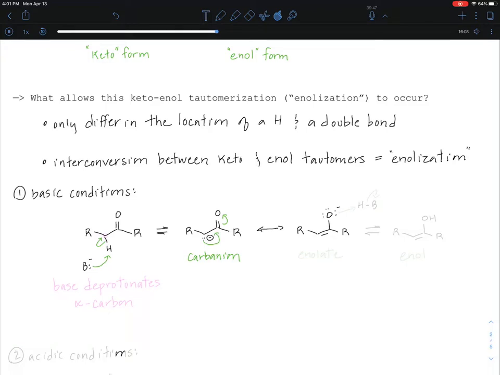This right here we call an enolate. Not quite an enol just yet, it's an enolate. We've got HB in solution, because we used that to deprotonate our alpha carbon. And so we can protonate this, get our base back. And what do you have? We have an enol.